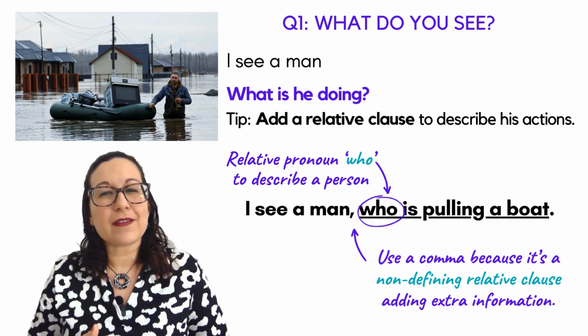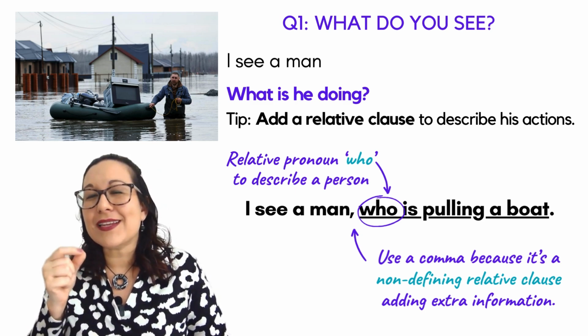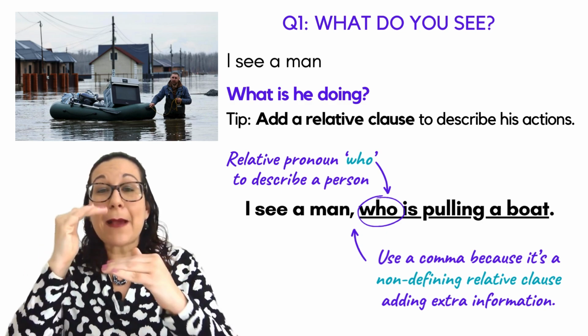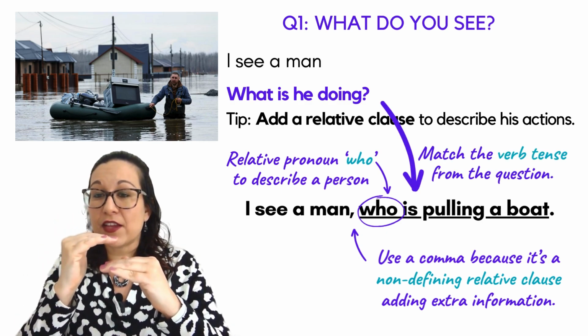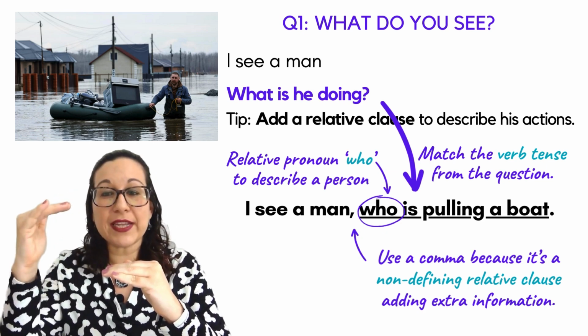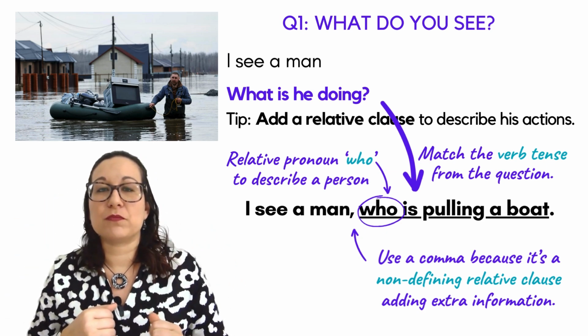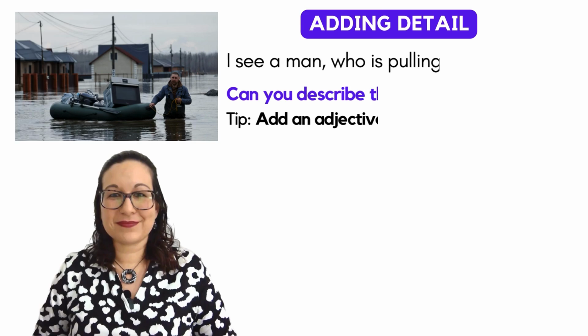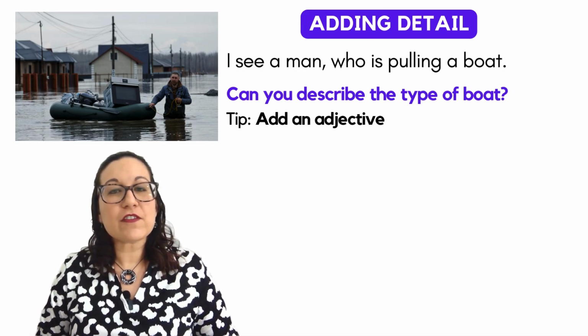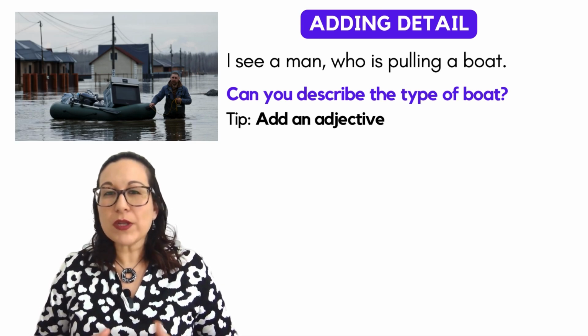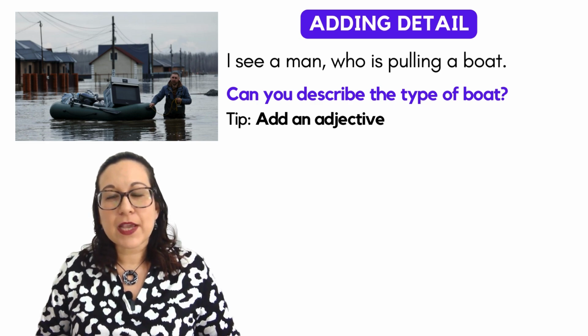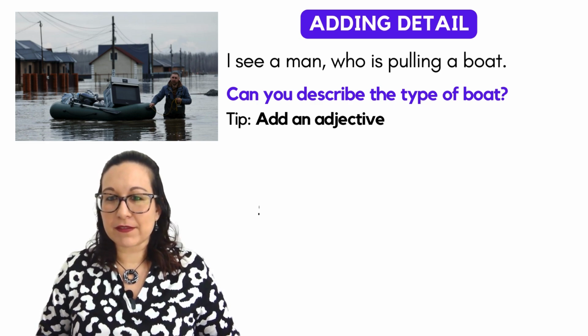And of course, I asked you, what is he doing? So you can match that tense from the question, what is he doing? I see a man who is pulling a boat. Great. But now, can you describe the boat? What type of boat is it? Can you add an adjective to do this?